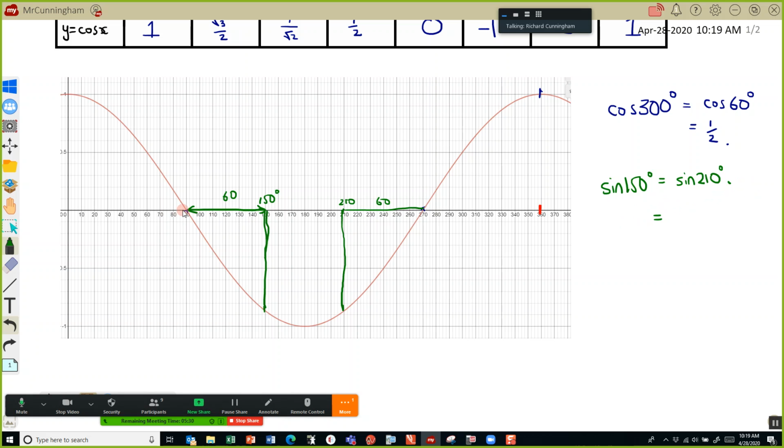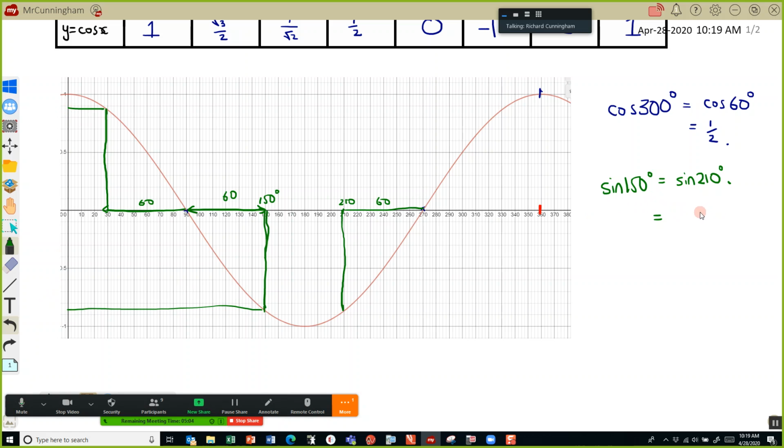But if I want to work out the actual exact value of sine 150, if I go back 60 degrees from 90, what is that going to bring me to? Yep, it's going to bring me to 30. Now, what's the only difference between the answer I'm going to get out here and the answer I would get out here? Yep, this is going to give me a positive value as opposed to a negative value.